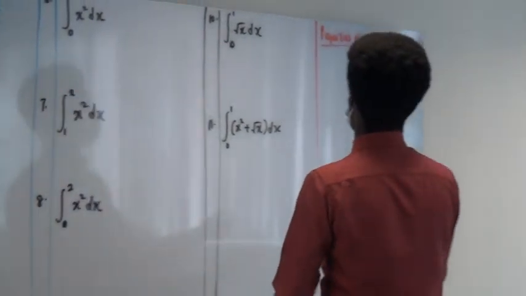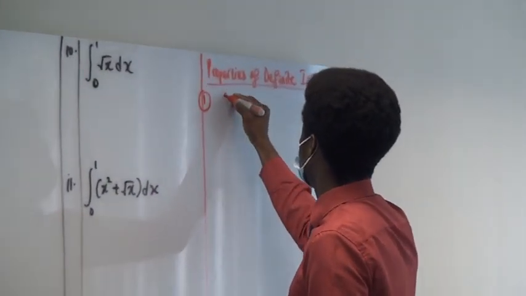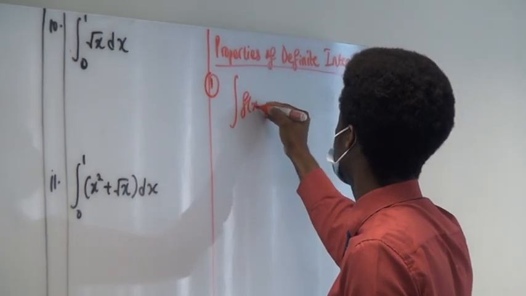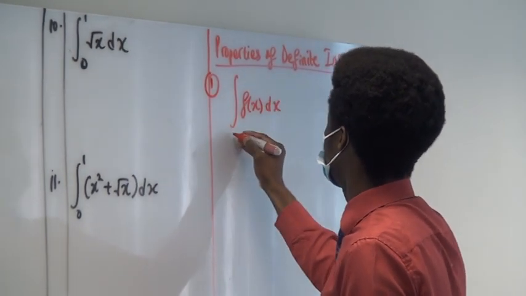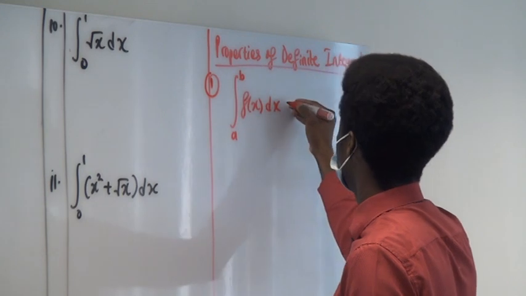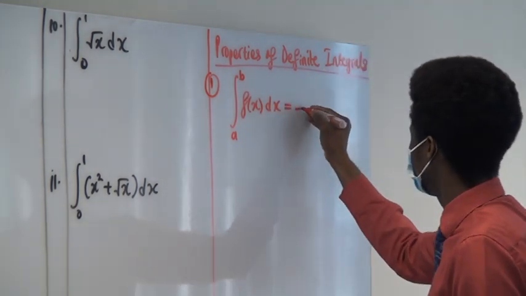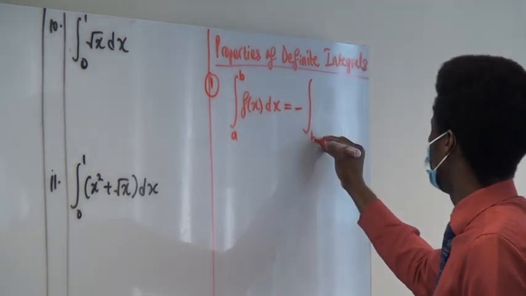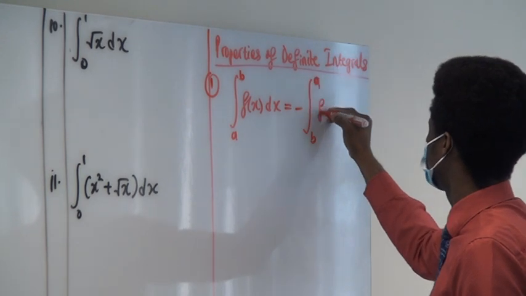The property is that, number 1, the integral of f of x dx from a to b is the negation of the integral from b to a of the same function.